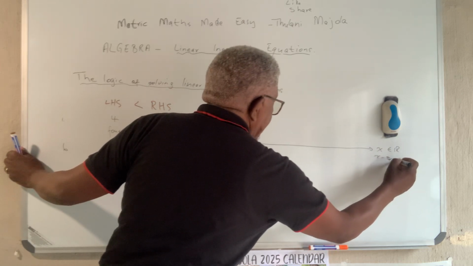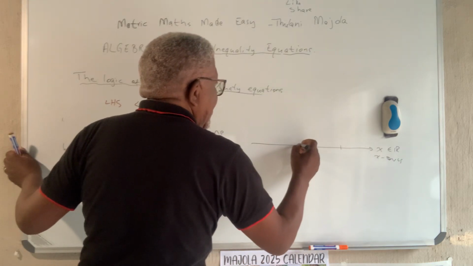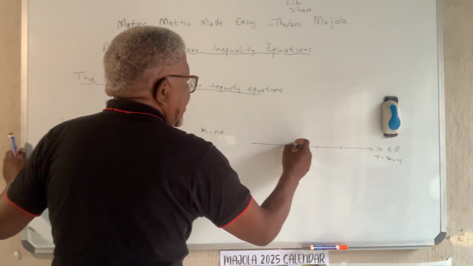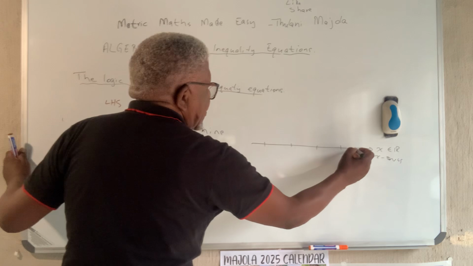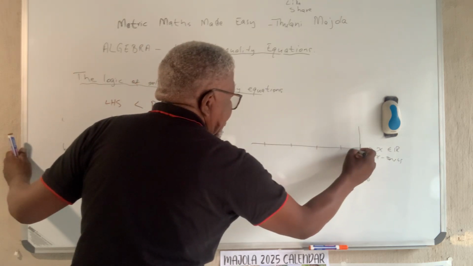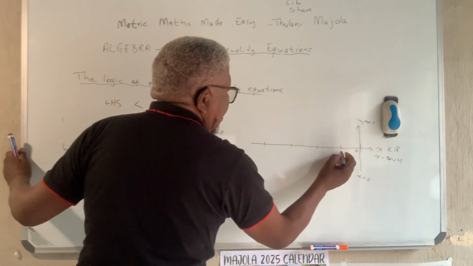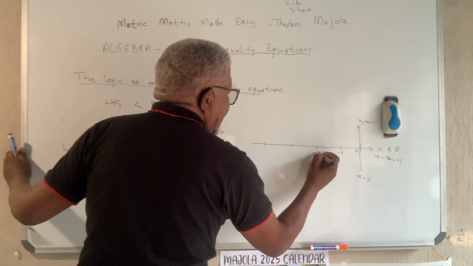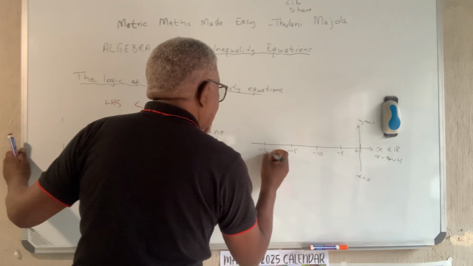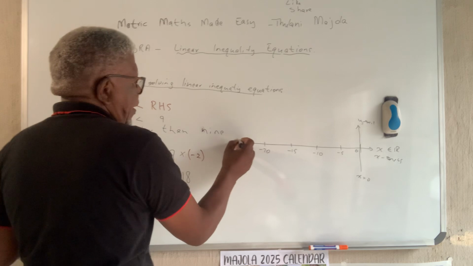Then you've got say 0, 5, 10. You've got your x equal to 0 here, which is your y-axis. And then here you've got minus 5, here you've got minus 10, here minus 15, here minus 20. So you go until the very small numbers.